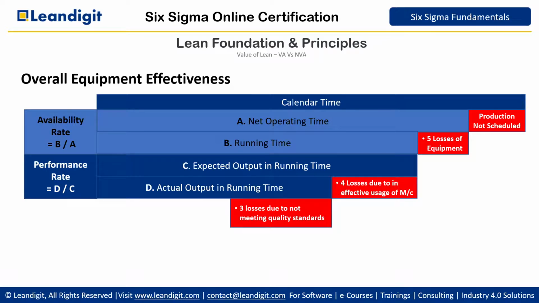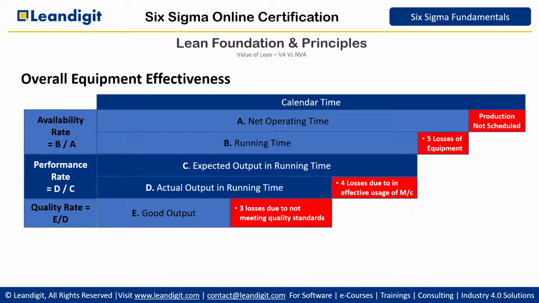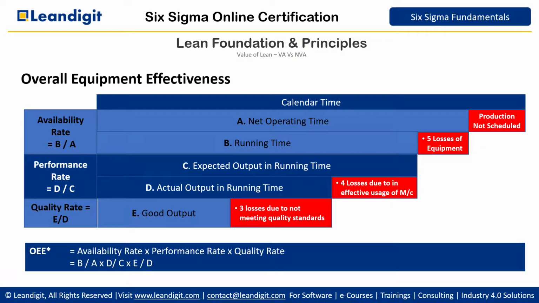Now, because of 3 quality related problems, we are making only a certain amount of product which is good. So good product by actual product is called the quality rate. And when all 3, availability rate, performance rate and quality rate, are multiplied, it gives overall equipment effectiveness, which gives overall capacity utilization plus the losses of not scheduling or no orders.